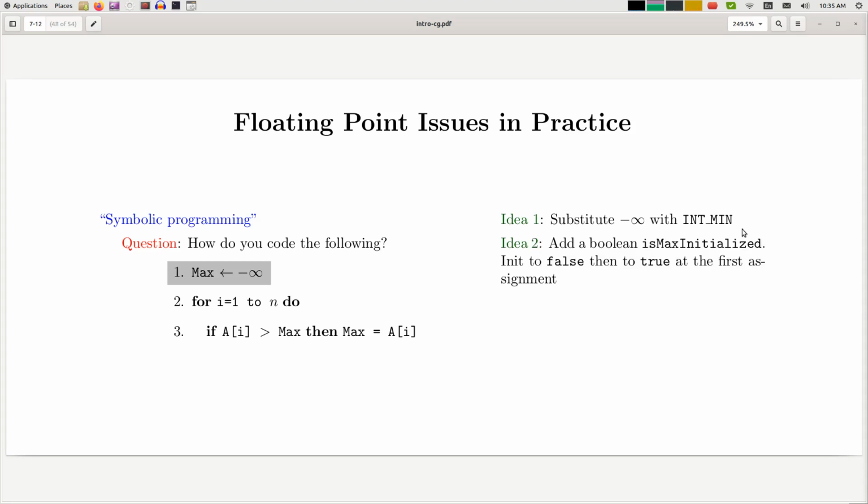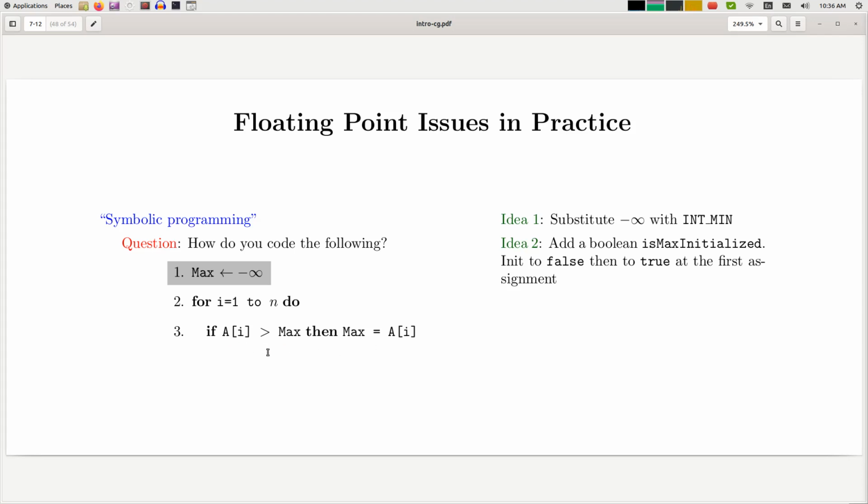Another solution is that you can add a Boolean variable, because what we're doing here is basically saying that max is not initialized. The first time we do the comparison, it has to be assigned or initialized. So over here, first you do an if statement to check whether max is initialized or not. If it's not initialized, then you initialize it to A1. Otherwise, you just do the comparison.